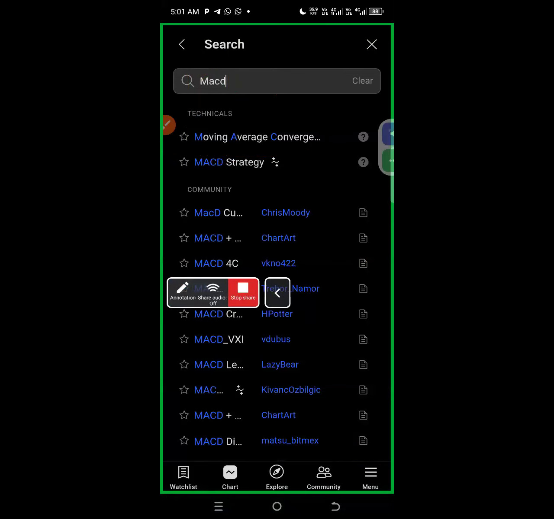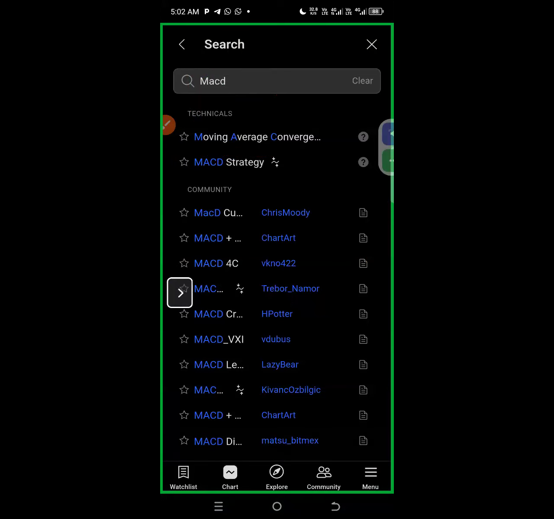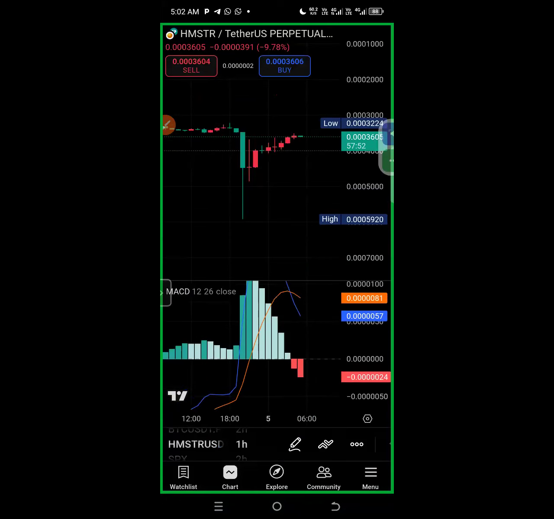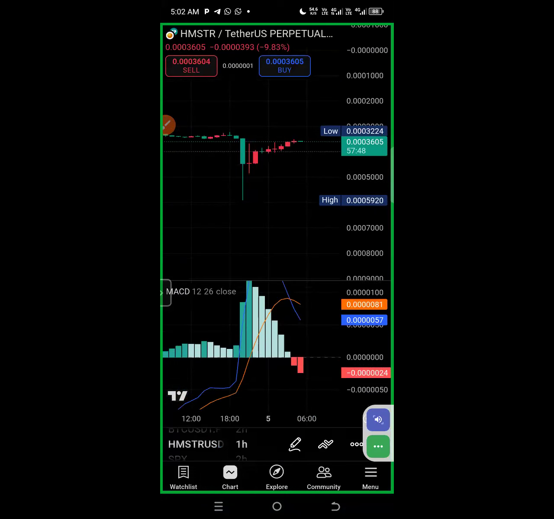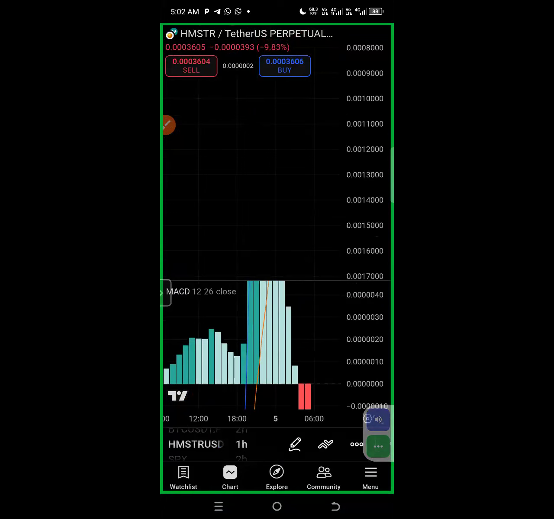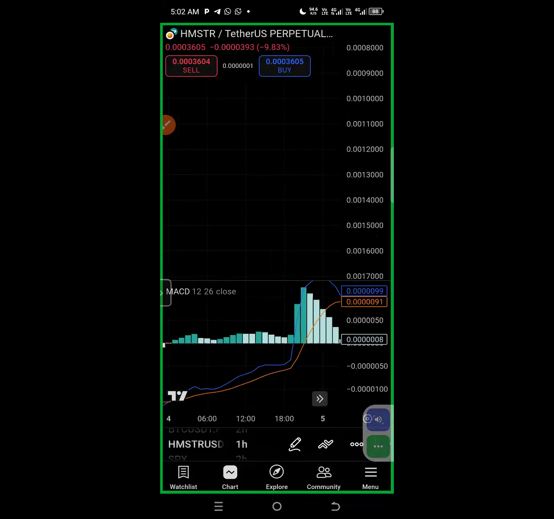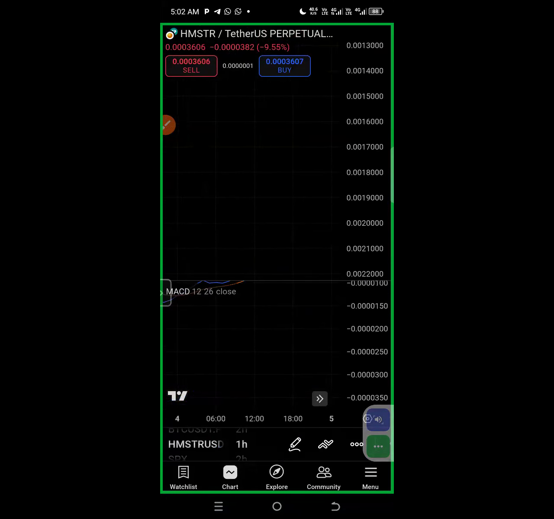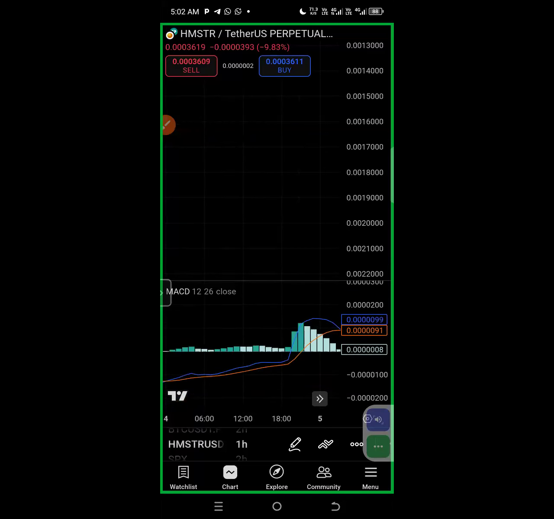Just tap on it and then click on add, and then click on chart. Very good. Now we have our MACD here.